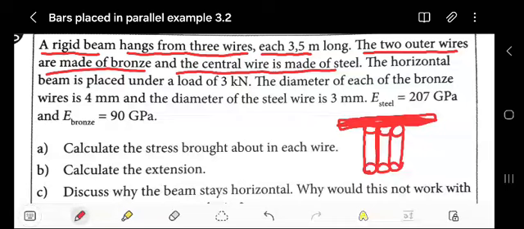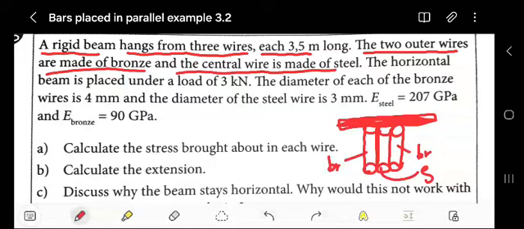As you can see, the outer wires are made of bronze. This one is made of bronze, and this one is made of bronze. The middle, the central one, is made of steel. I'll just say S, I won't write it in full. As you can see, this is what is going on here.